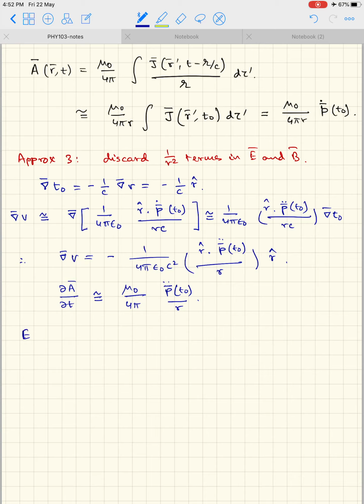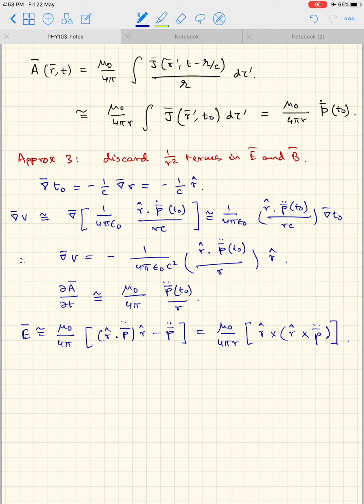So E is given by mu naught by 4 pi r, of r cap dot p double dot r cap minus p double dot, which can be more compactly written as mu naught by 4 pi r, r cap cross r cap cross p double dot.